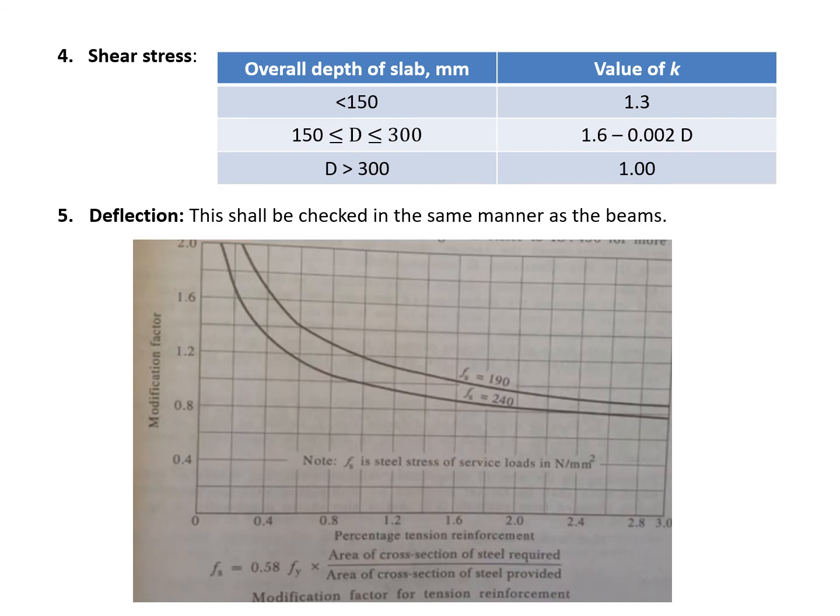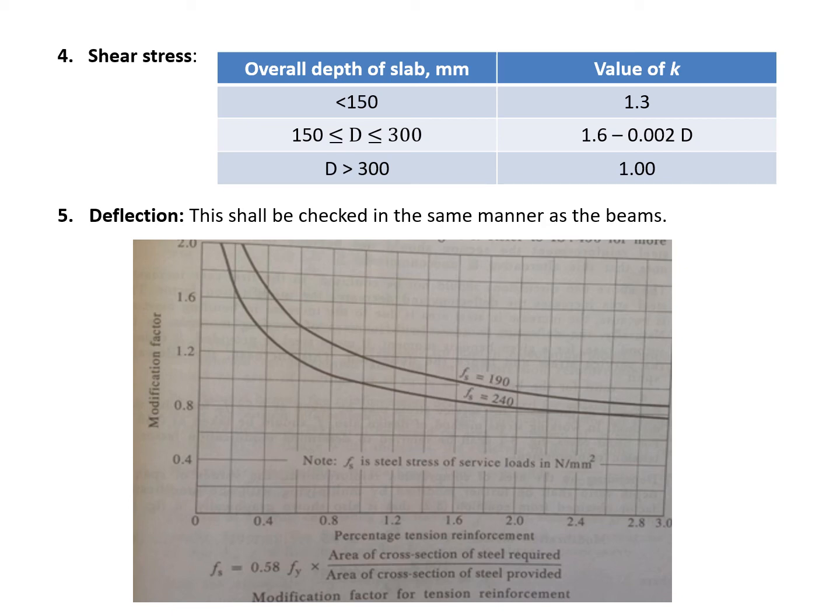Deflection shall be checked in the same manner as the beams. But here usually we apply a modification factor using this chart, which will be provided to you in the examination. On the y-axis of this chart, there is a modification factor which you can apply to the ratio.